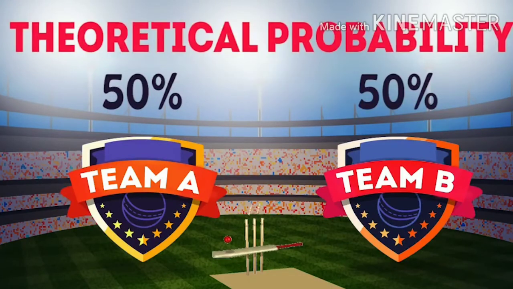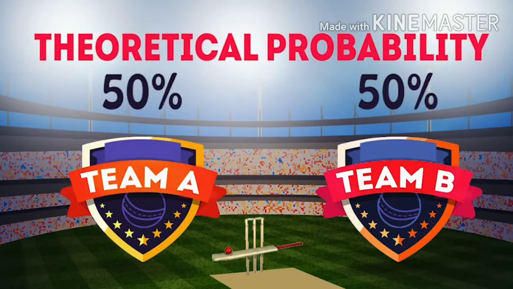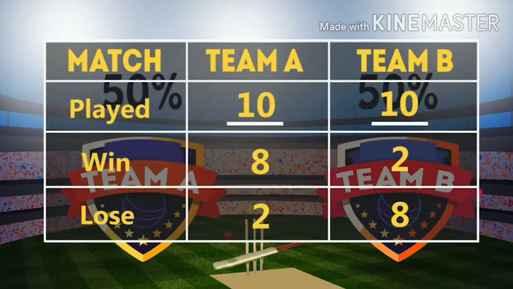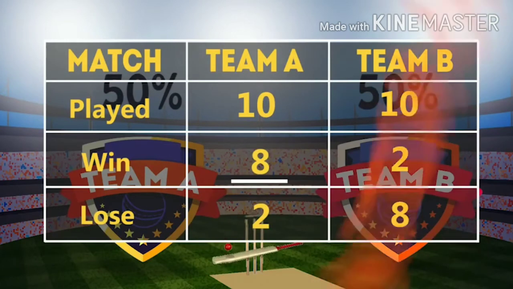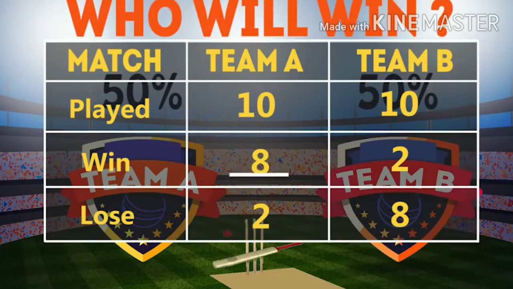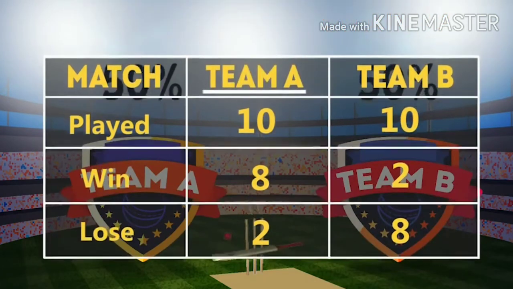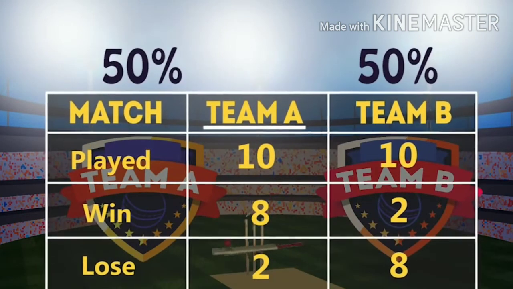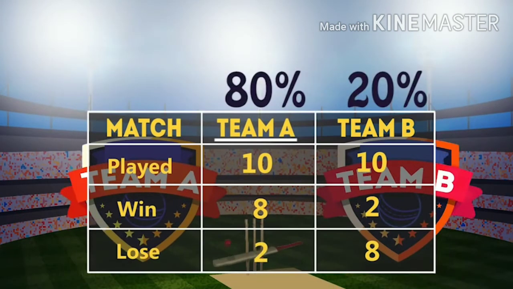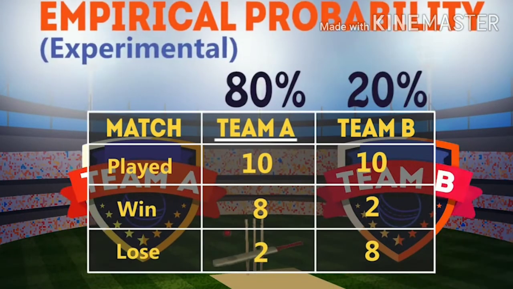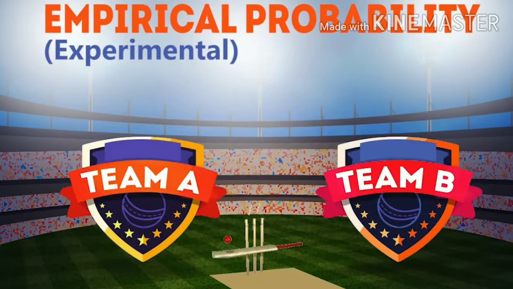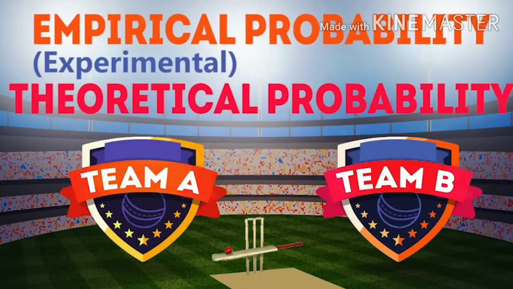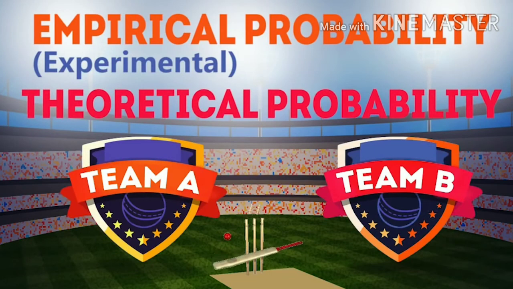Suppose you take the data of previous matches: how many matches did they play? If they played 10 matches and team A won 8 matches, then who will win? Is it 50-50%? No. Then team A has a chance of 80%, whereas team B has 20%. This is called experimental probability.